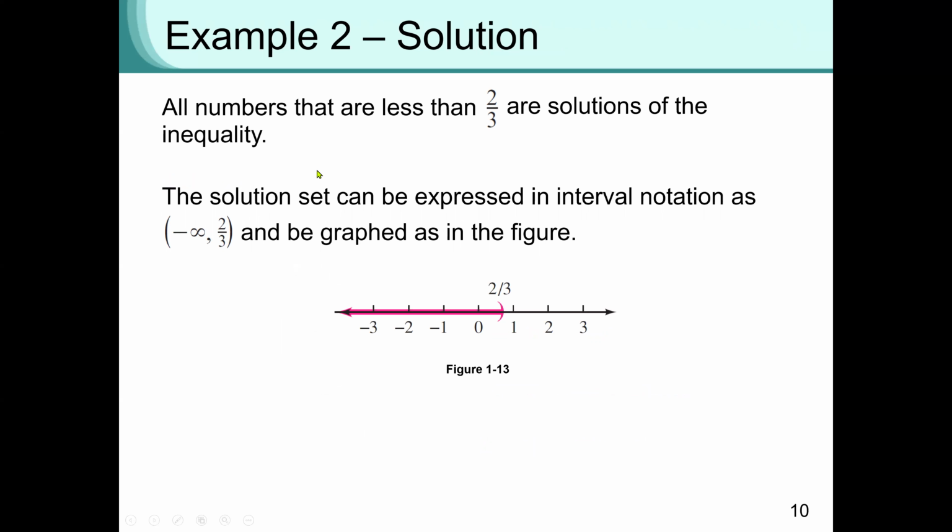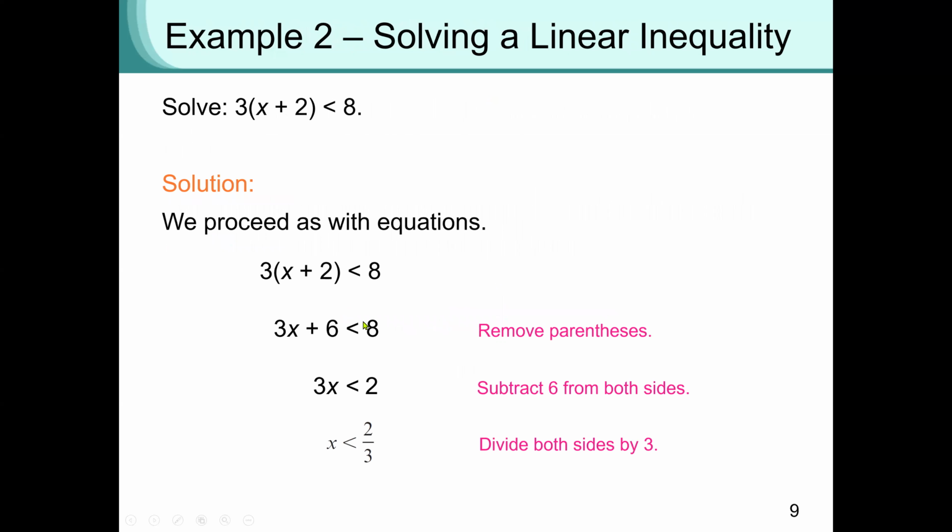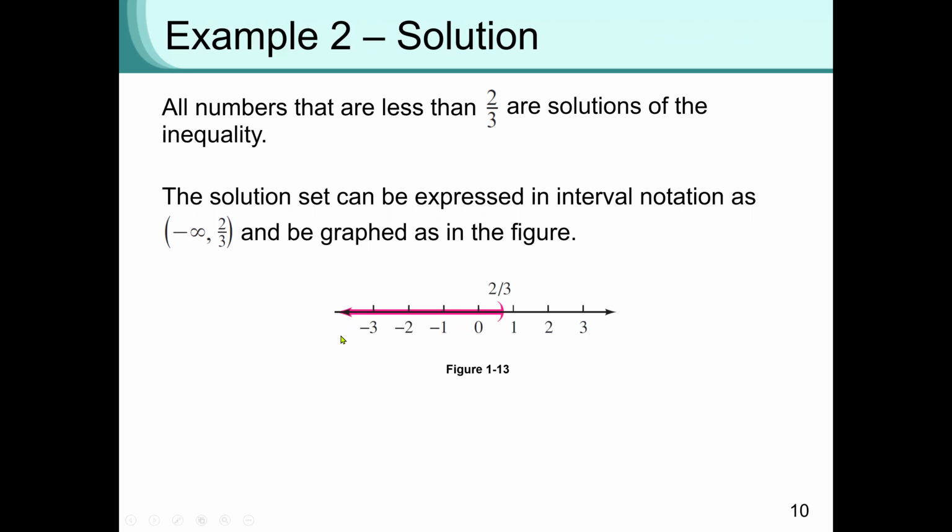So our answer means x is less than 2/3. Here we can say that this inequality is satisfied when any value is less than 2/3. So we say all numbers that are less than 2/3 are solutions of the inequality.